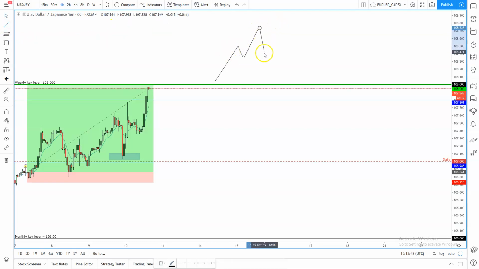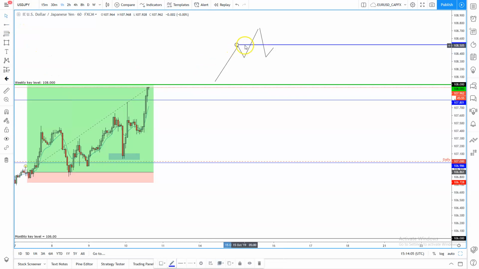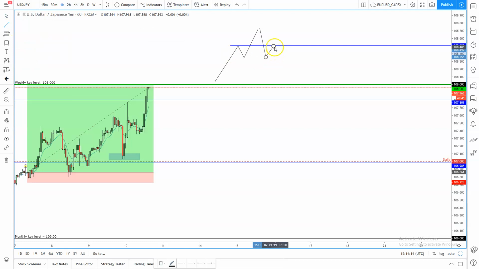Then it pulls back again, back within this range here, and then we have price shoot up again, giving us equal highs there, and then we have price drop like this. So this is the traditional head and shoulders pattern.